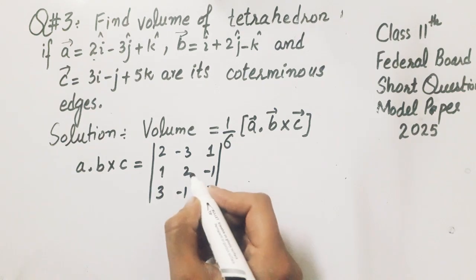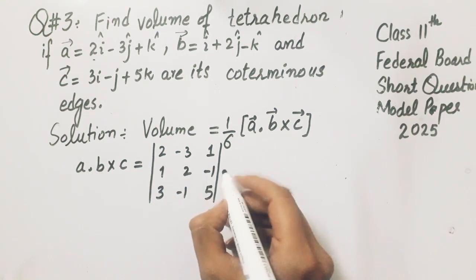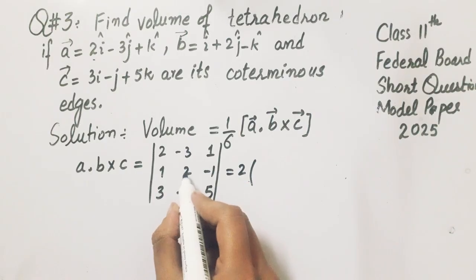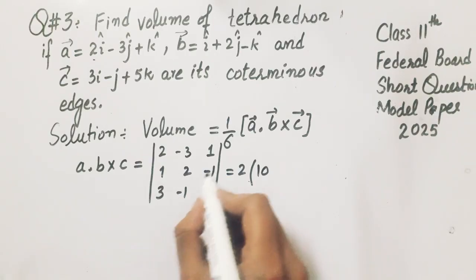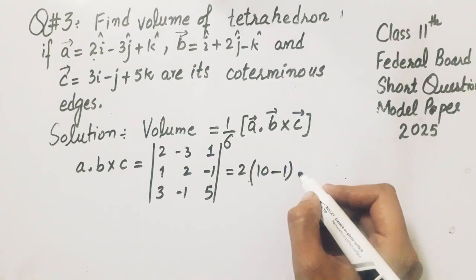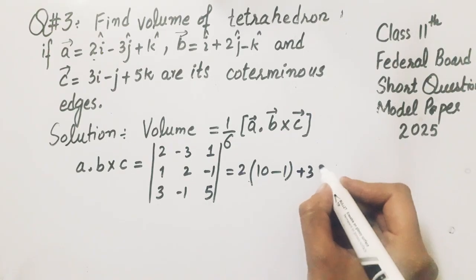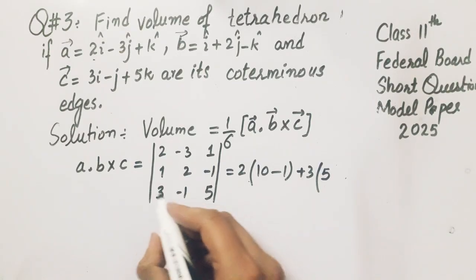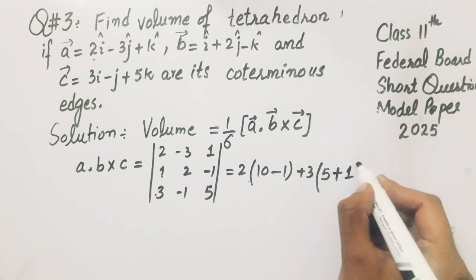We will expand this with respect to R1. So we will get 2 into, we will multiply 2 into 5, 10, 1 into 1, 1 minus minus plus and then minus, and minus 3 will become plus 3, and 1 into 5 is 5, and 3 into minus 1 is plus 1.